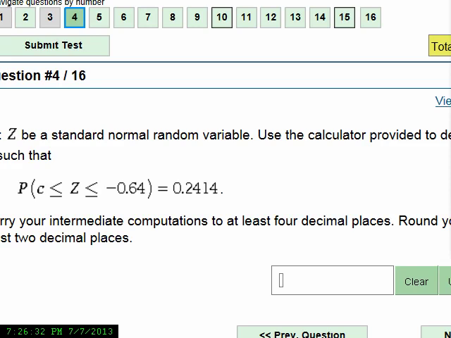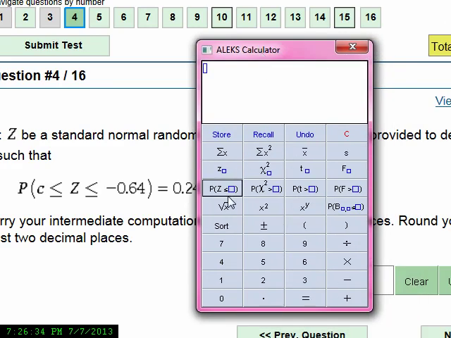So I'm going to find the probability of the right guy, and the right value is negative 0.64, minus the probability of the left guy. And the left guy is just the letter C, and so it won't let me put that in, but at least you can see what I would be typing out.